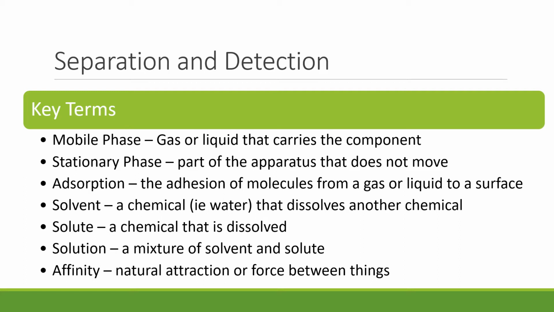Adsorption is the adhesion of these molecules, in the gas or liquid, to that stationary phase. We have solvents, solutes, the solution, and then the term affinity, which is just the natural force of attraction between things. These are just a few terms, and I hope this helps you out with their definitions.